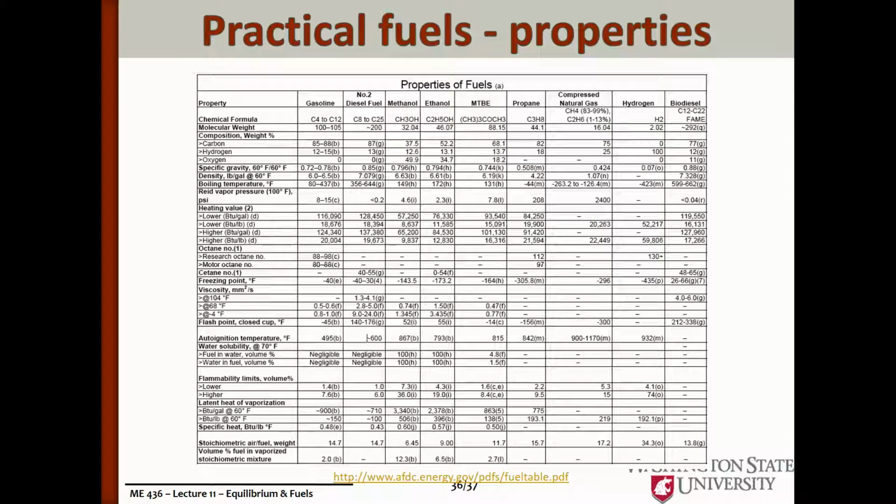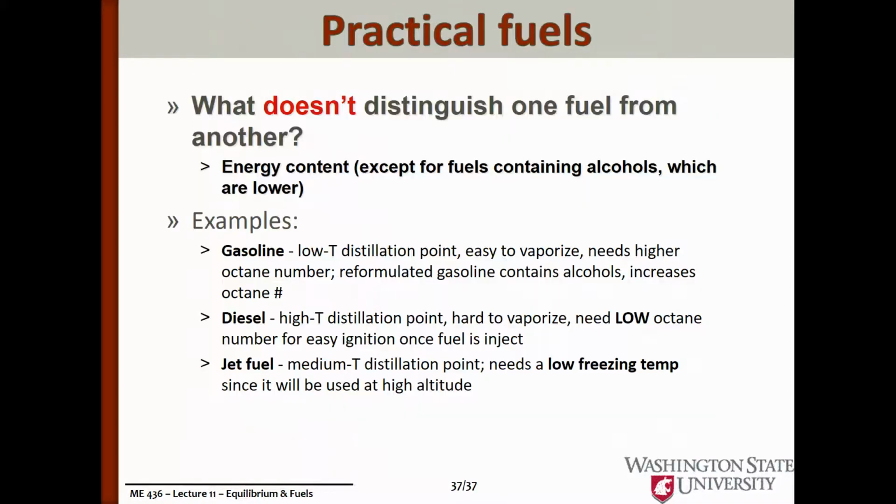Another table, again detailing how different the fuels are and how their properties differ. Instead of just gasoline and diesel, here I'm also looking at biofuels, your ethanol, hydrogen, biodiesel, and propane, and how they have these properties as well, even though they're not typically used in our internal combustion engines. So what doesn't distinguish one fuel from another?